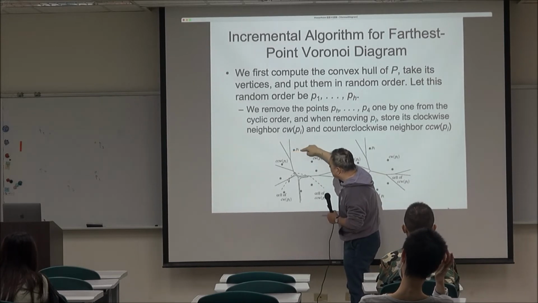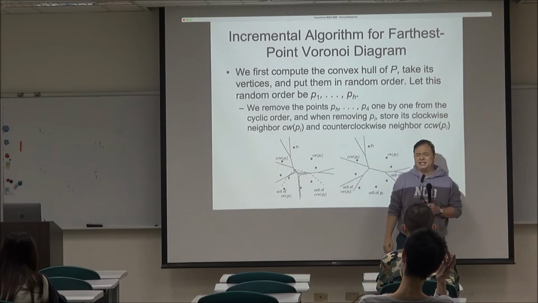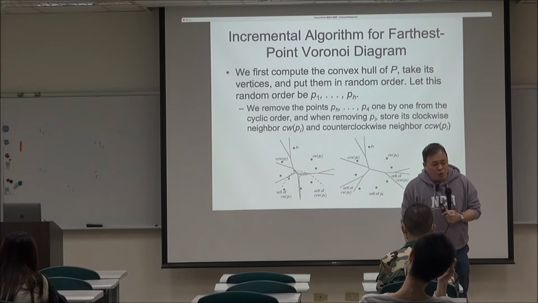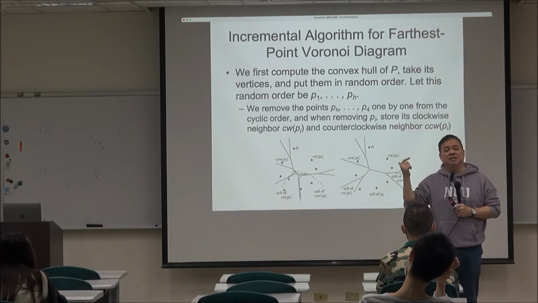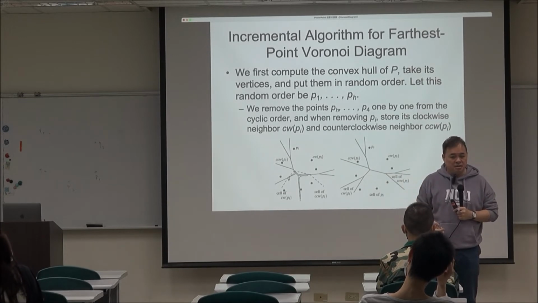This is pi. Where do you consider adding this cell? This cell will show up between the cells of its clockwise neighbor and its counterclockwise neighbor.